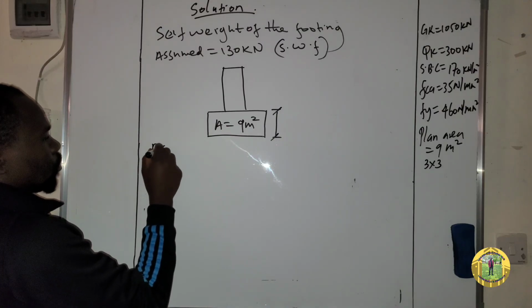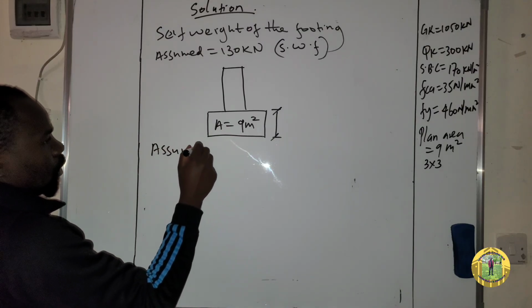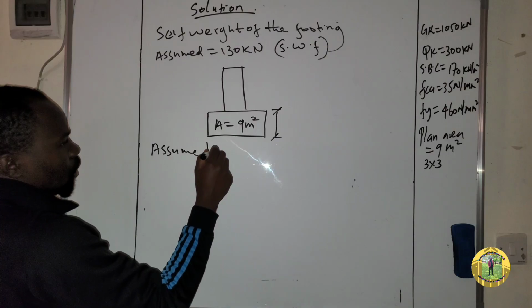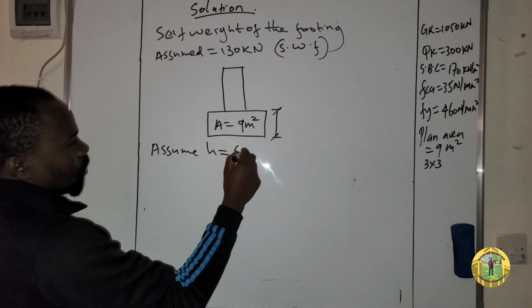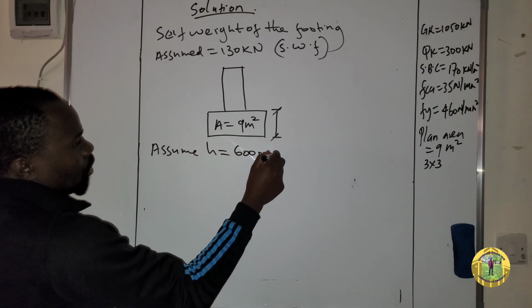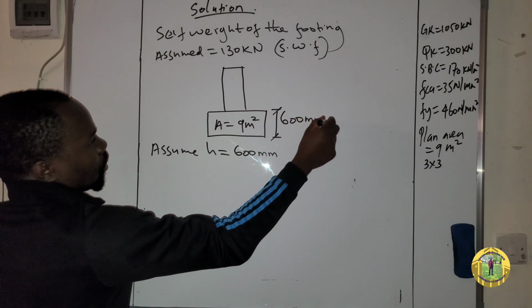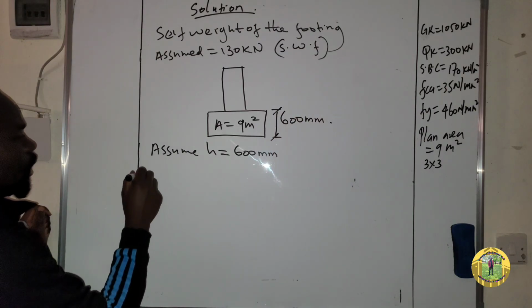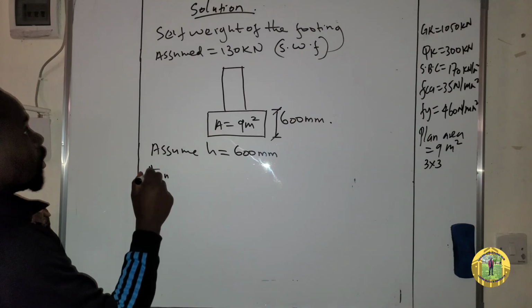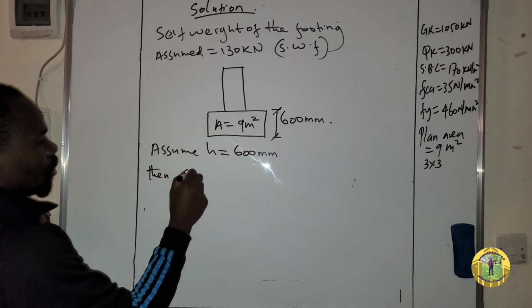So assume H to be 600 millimeter. So this H is 600 millimeter.